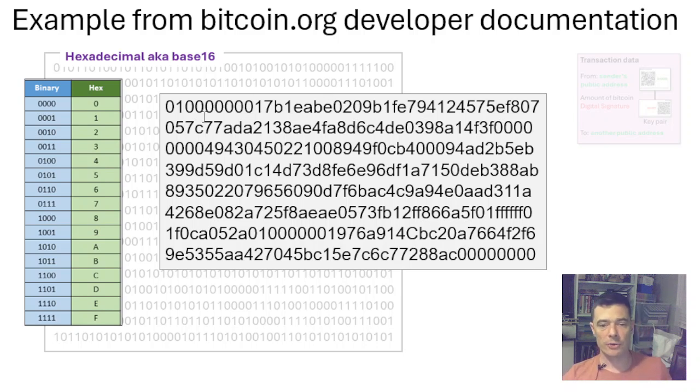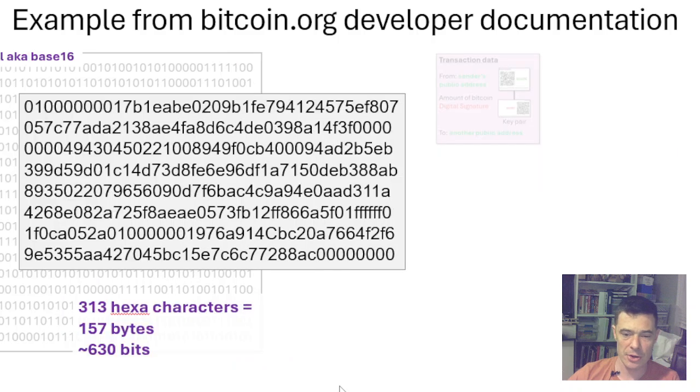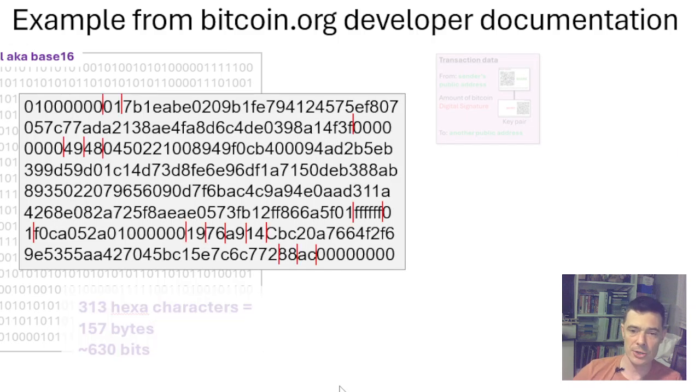And also recall that this is a base 16 representation, or hexadecimal. It's taken all the zeros and ones of the data and it's just turning it into something a little more human readable. And in this example, we have 157 bytes, or about 630 bits.